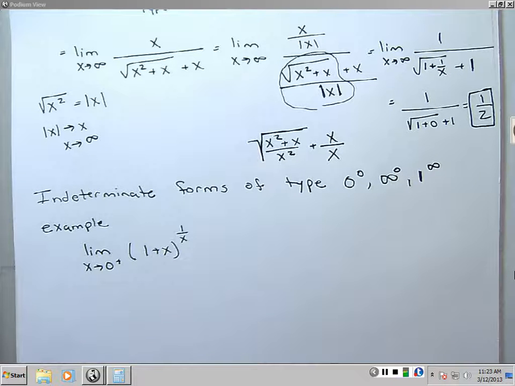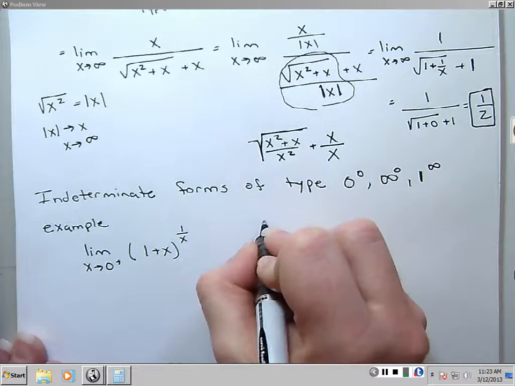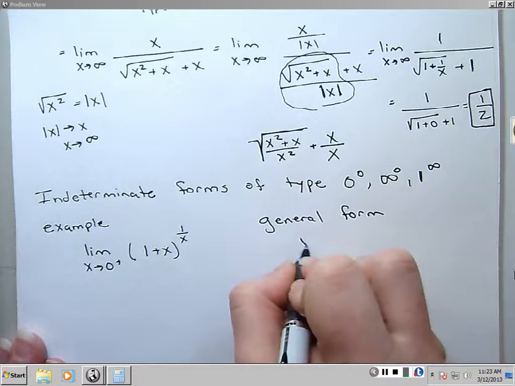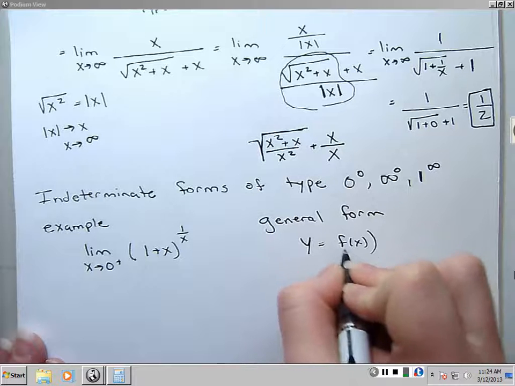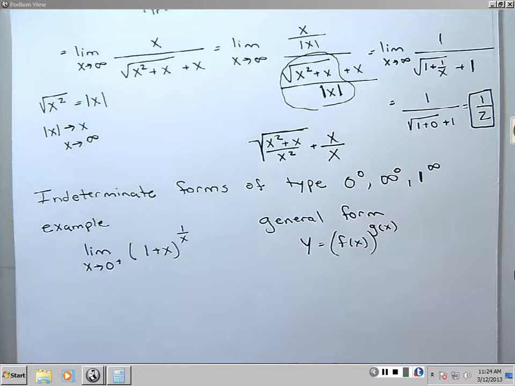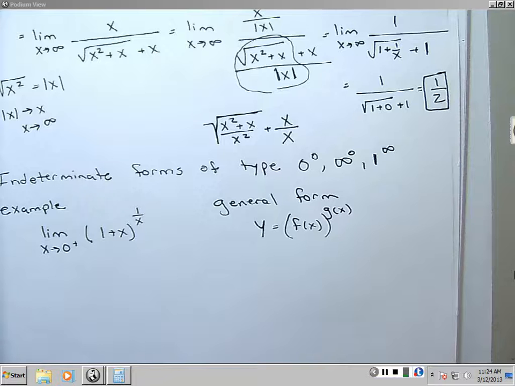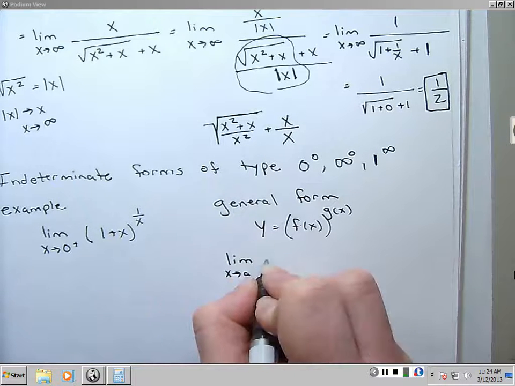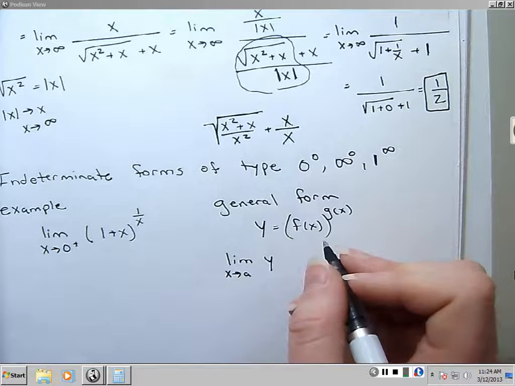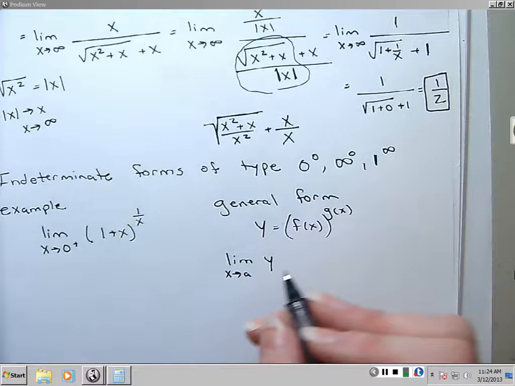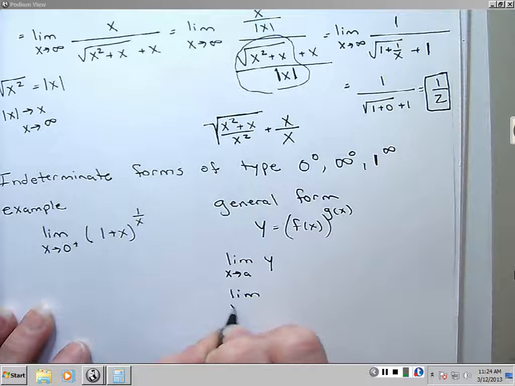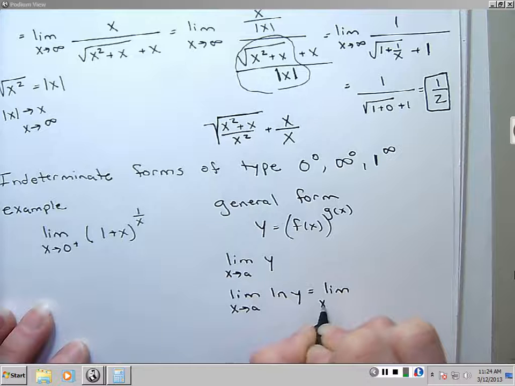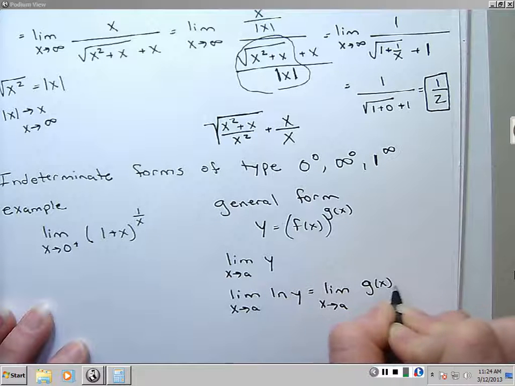But first I want to evaluate a general form. The general form is y equals f of x to the g of x power. If I want to find the limit as x goes to a of y, I really need to look at the limit as x goes to a of ln of y, which would be the limit as x goes to a of g of x times ln of f of x.